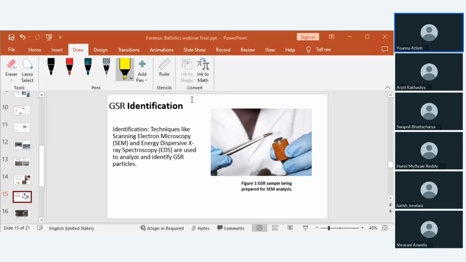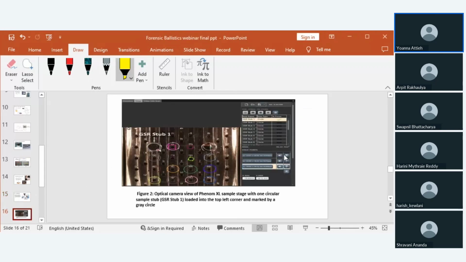Using the backscattered electron detector, known as BSD, it detects particles and determines their elemental composition using EDS. The results are displayed in the form of a map showing the location of each detected particle within the scan area, as you can see in figure 2 here.